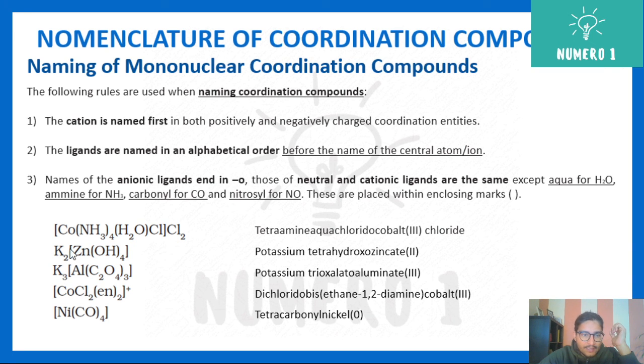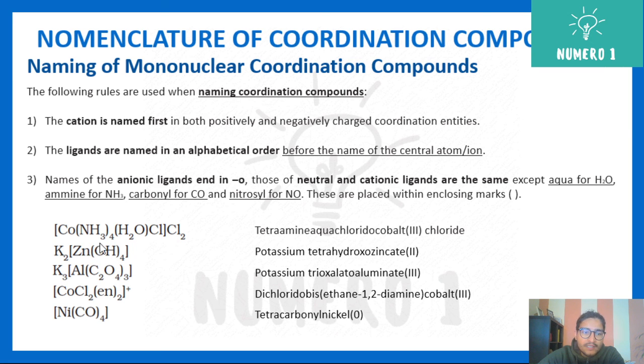For example, here the total charge on the coordination entity: zinc is at +2, OH is at -1 and there are 4 OH minus, so the overall charge is 2 minus.